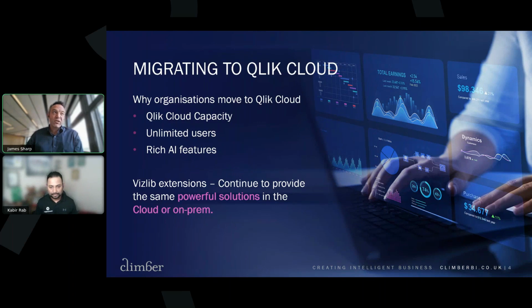So you get essentially 100,000 licenses on a professional license, making it much easier now to push the Qlik experience across the organization. They also have rich AI features included, and they're essentially native within the platform itself. So it's never been a better time to make that transition to Qlik Cloud. And if you're on a user-based cloud tenant, you may still want to consider the capacity move because it opens up a lot of these additional features and the unlimited users.